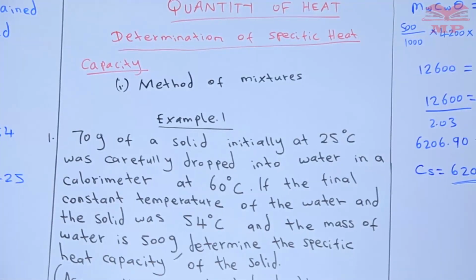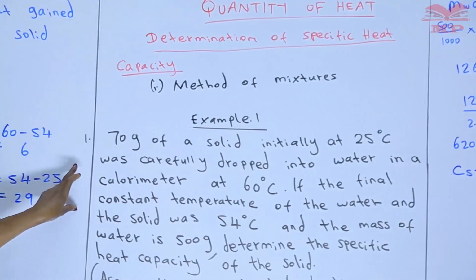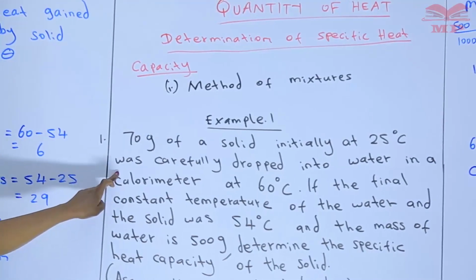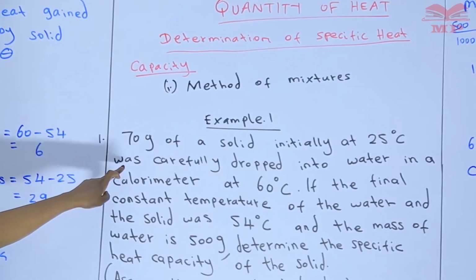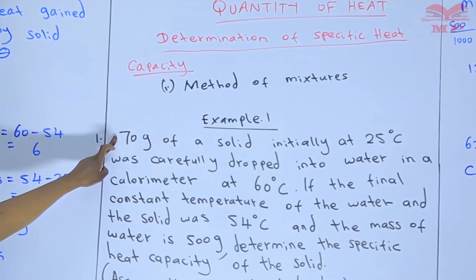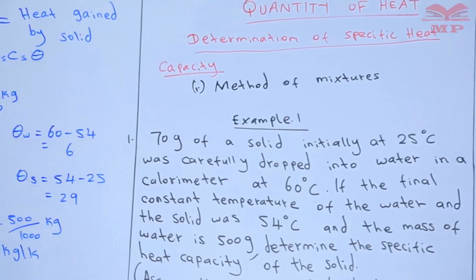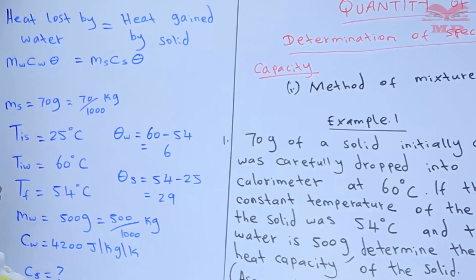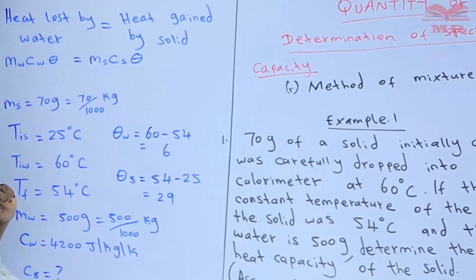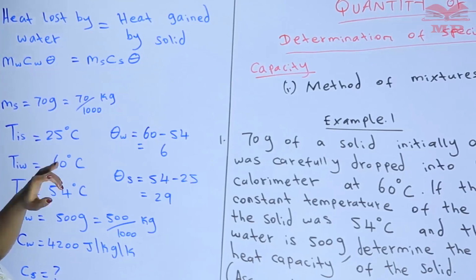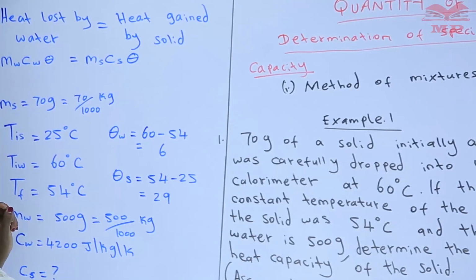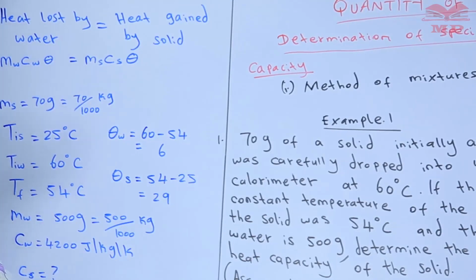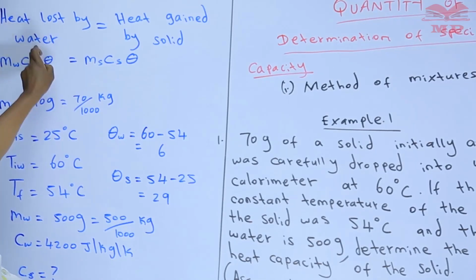Hoping that it's clear. So you need to note that here water is losing heat and it is losing heat to the solid. So we are saying heat lost by water will be gained by the solid. So when that solid at 25 degrees Celsius is dropped into the water at 60 degrees Celsius, the final temperature becomes 54 degrees Celsius. So heat lost by water is equal to heat gained by the solid.